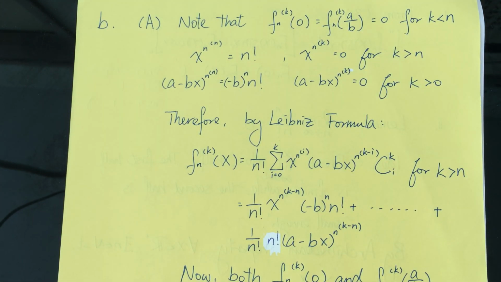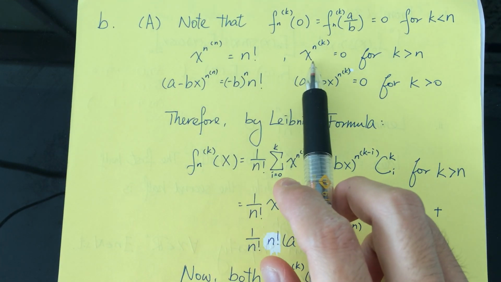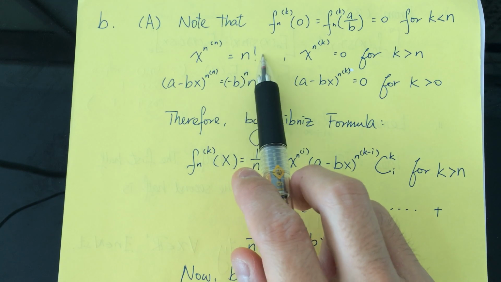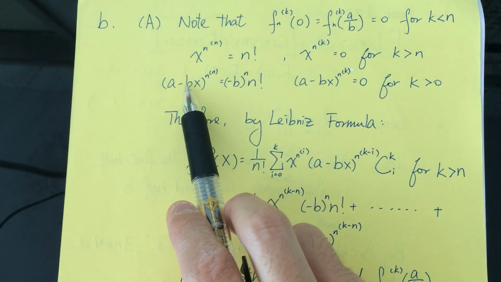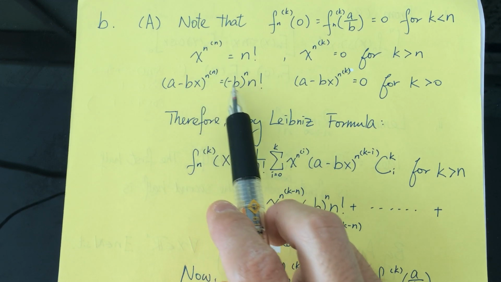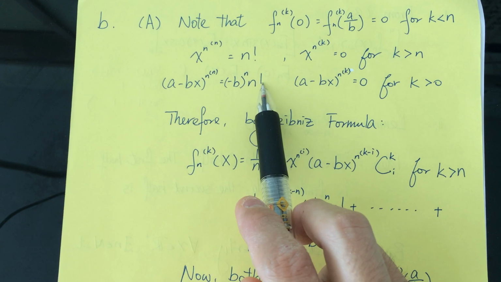This can be checked by direct substitution, because these two terms are not absent, and the nth derivative of x to the power n is n factorial. Similar to this one, the nth derivative of (a minus bx) to the power n is (negative b) to the power n times n factorial.